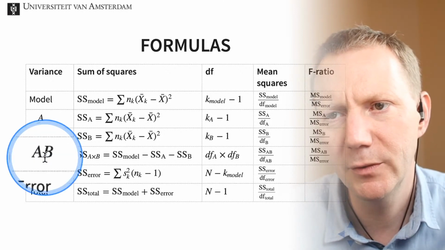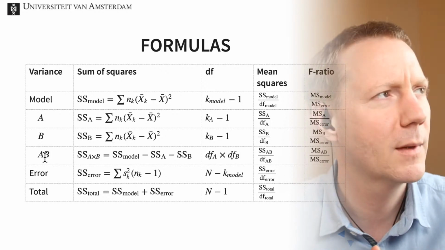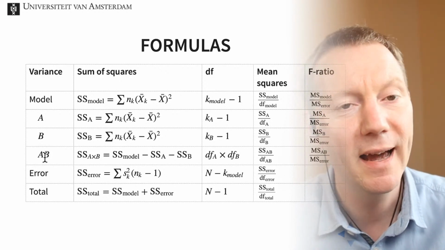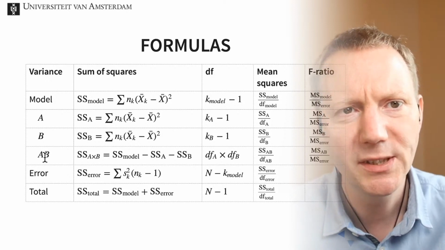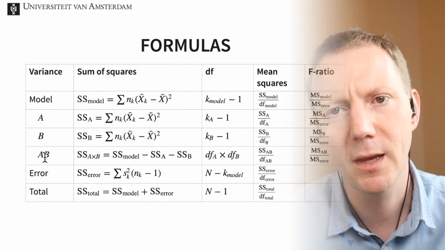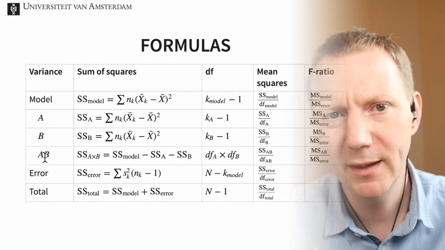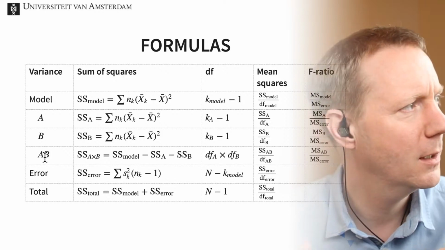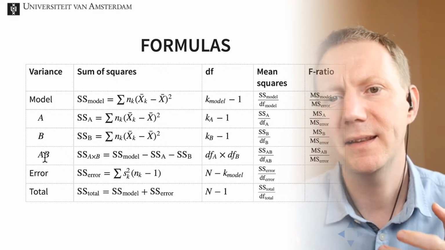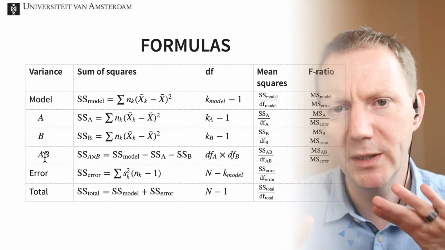And we've talked about this interaction before, where in the ANCOVA yesterday, we wanted to test if there was an interaction between the covariate and the independent variable. And within the ANCOVA, it was an assumption that there should be no interaction between these two.